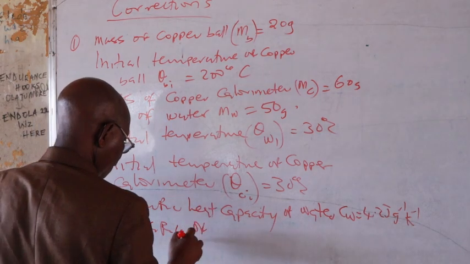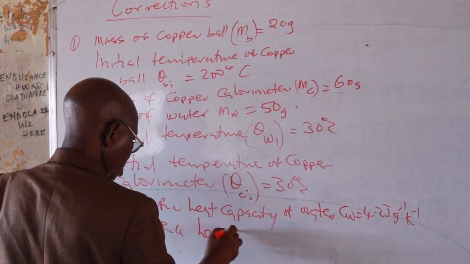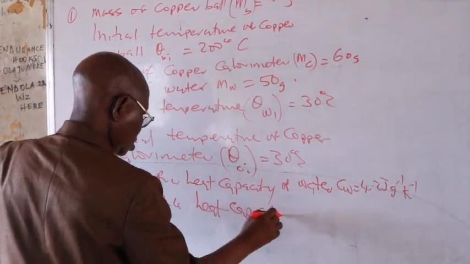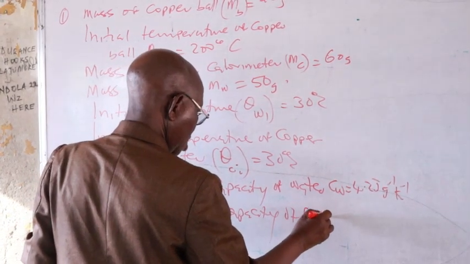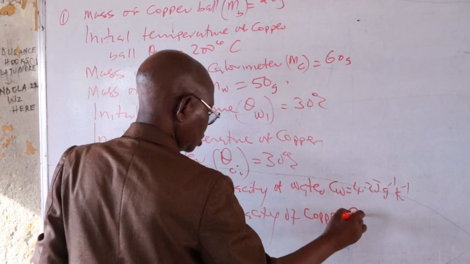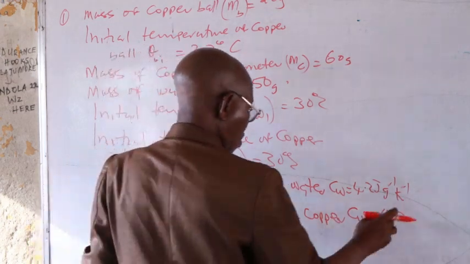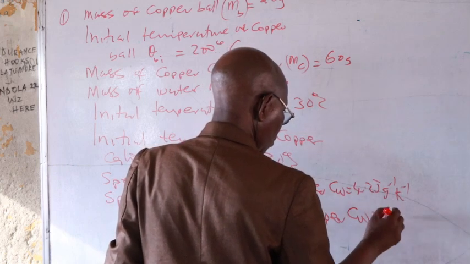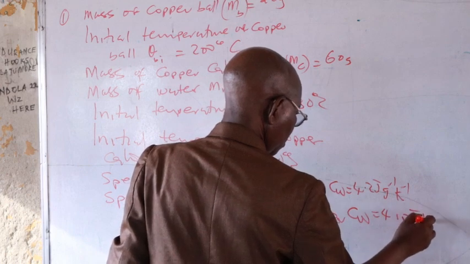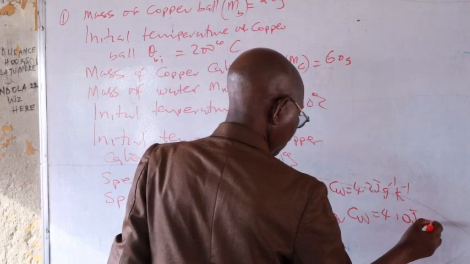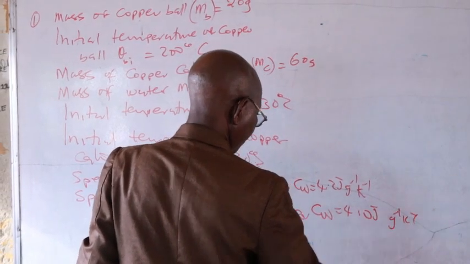Take the specific heat capacity of copper, that's CW, let it be 400, or because you are talking of joule, 4.0 joule per gram per Kelvin.